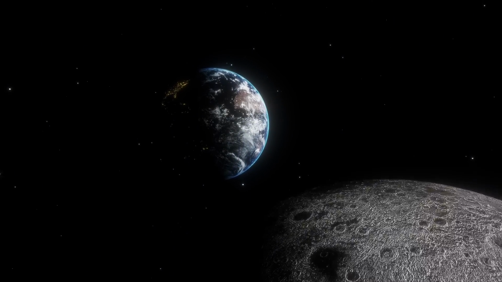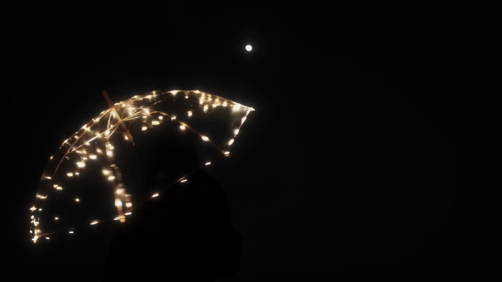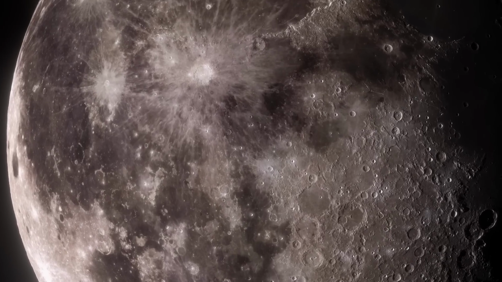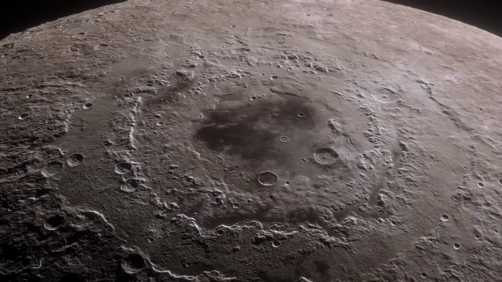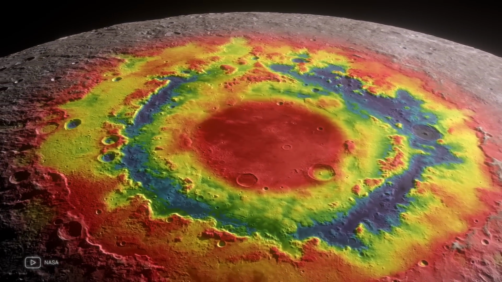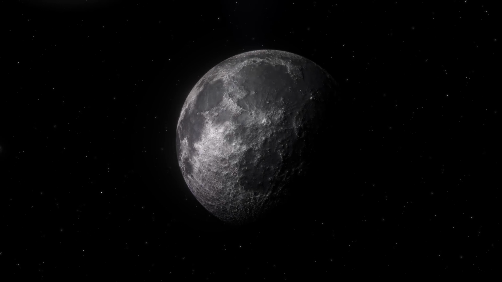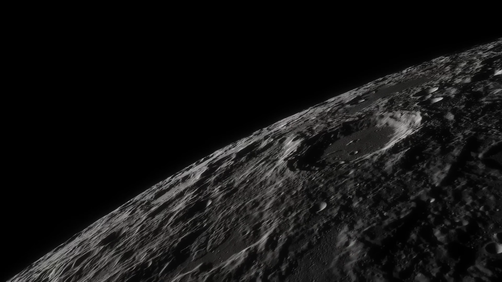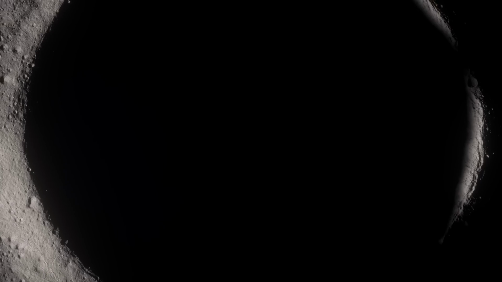Our closest celestial neighbor is more than just a beautiful object in the night sky. It is a treasure trove of information about the early solar system, and its geology holds clues to its own fiery birth and tumultuous history. The moon's surface is a rugged landscape of mountains, valleys, and plains, mottled with countless craters.